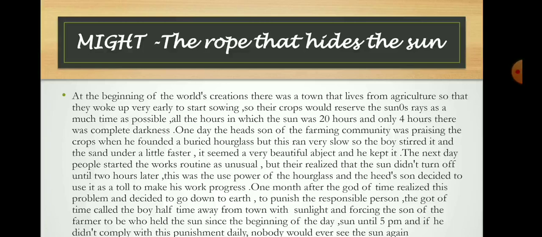At the beginning of the world's creation, there was a town that lived from agriculture, so they woke up very early to start sowing, so their crops would receive the sun's rays as much time as possible. All the hours in which the sun was out were 20 hours, and only 4 hours there was complete darkness.